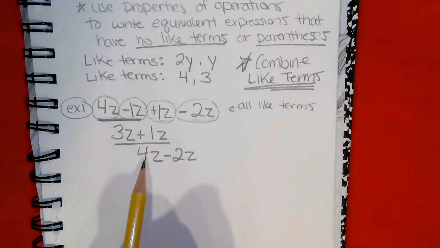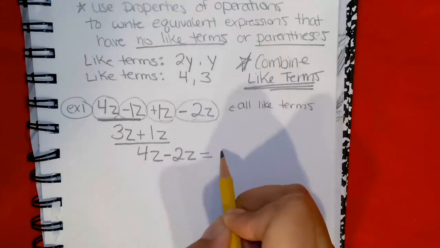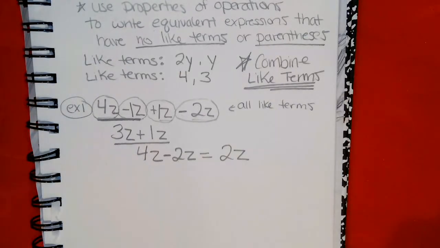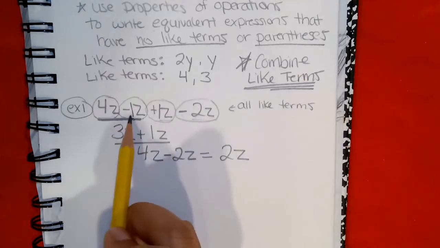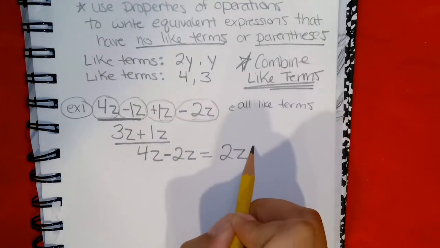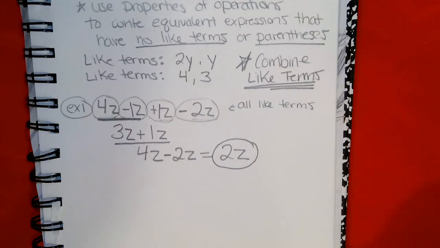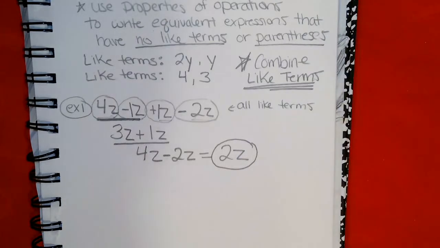So now I have 4 minus 2. That gives me 2z. So when I simplify this entire expression, I'm combining all of my like terms and I'm going to get a simplified algebraic expression of just 2z.